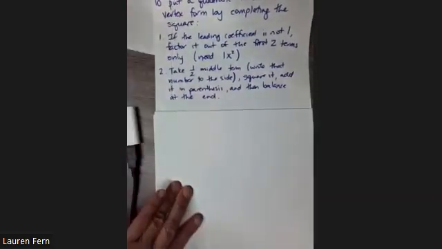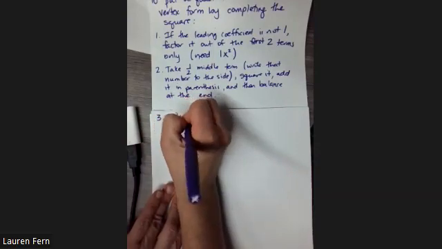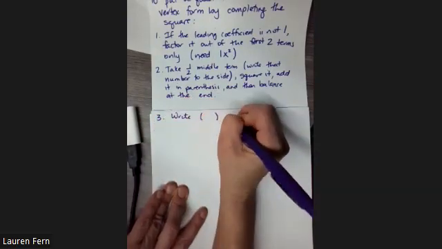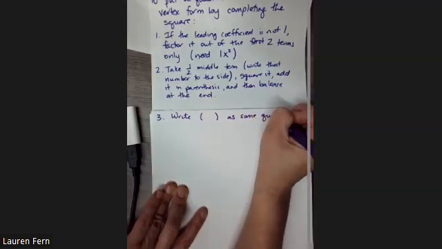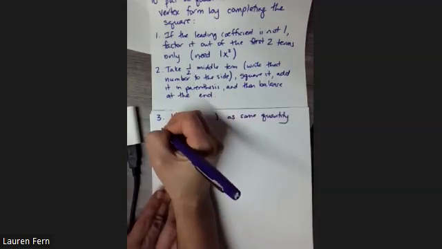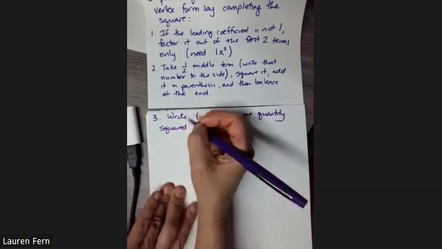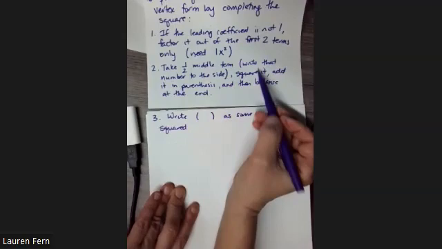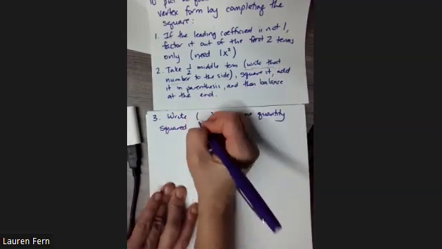And our third step is you're going to want to write the stuff in parentheses as some quantity squared. And the number that you use is what we wrote to the side in step 2.